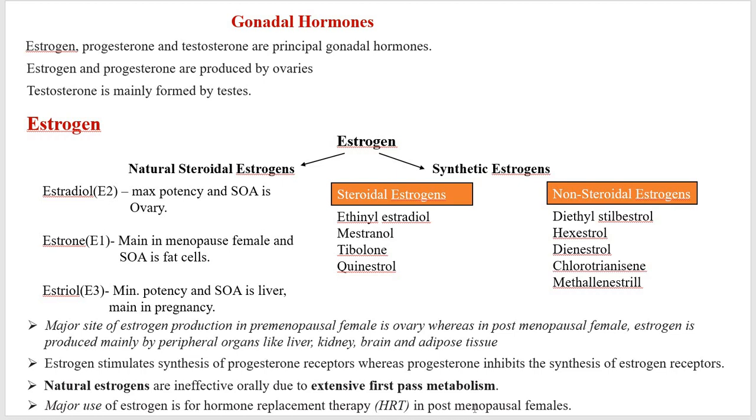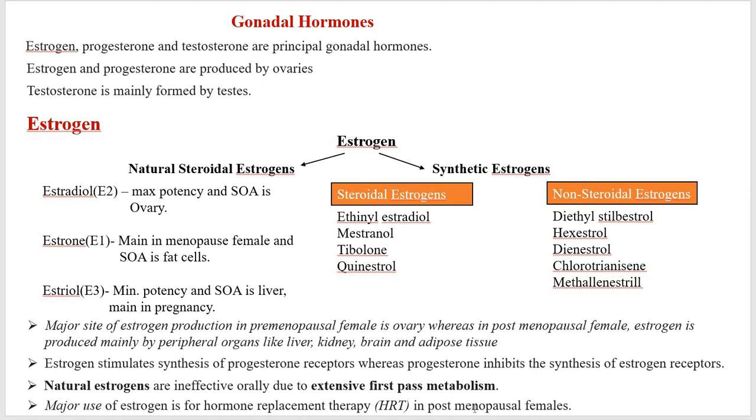Okay, the basic need to learn the endocrine system is to treat hormone related disorders, and how we'll treat that is by using hormone replacement therapy, because whatever complications we are facing are due either to excessive secretion of hormones or to decreased secretion of hormones.